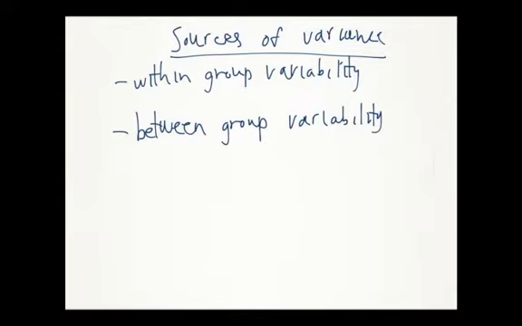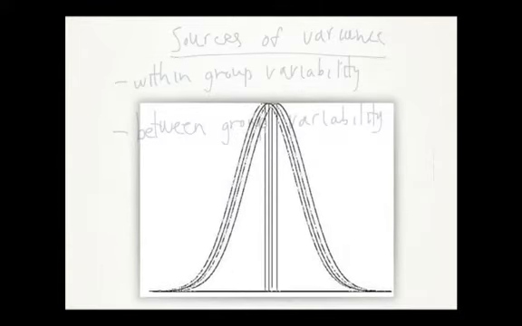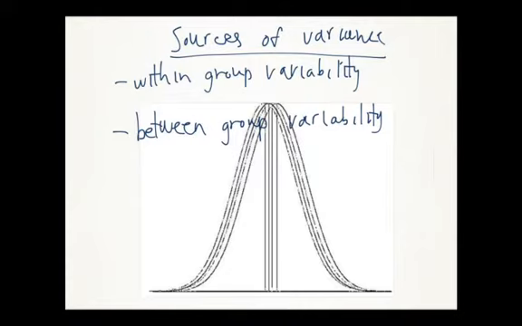So let's take a look at this picture again, just to really drive home the point. We can use the two types of variability to determine if the means are likely different. Within group variability would be here, whereas between group variability in this particular example, these vertical lines represent the means.